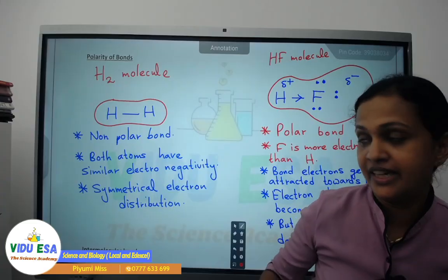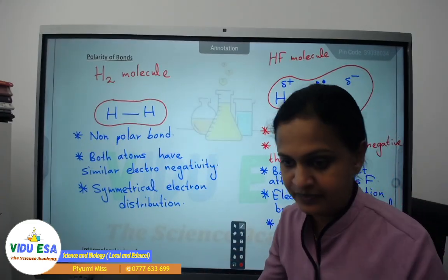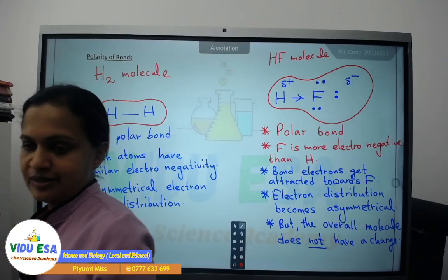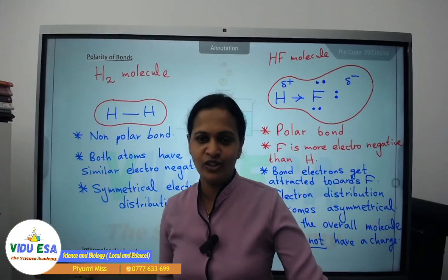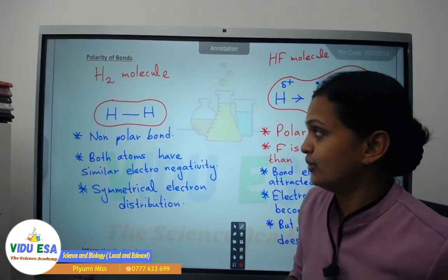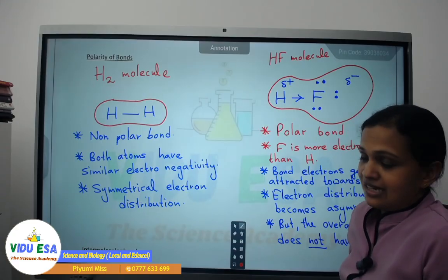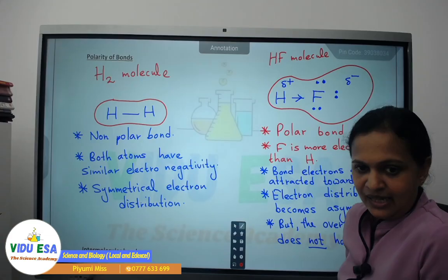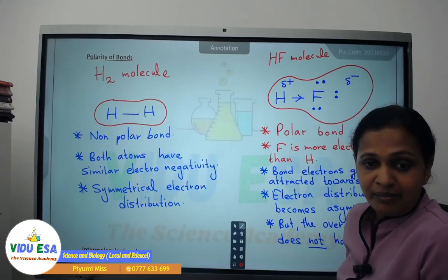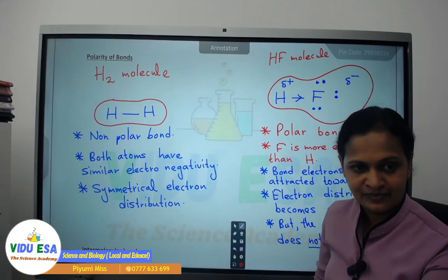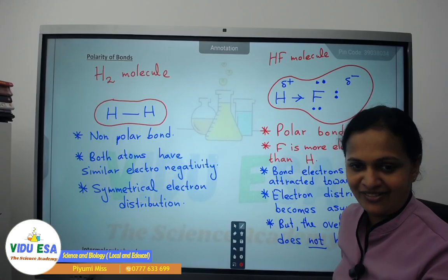And here I have taken 2 examples, the H2 molecule and the HF molecule, right? In the case of H2, the two atoms of the elements that have taken part are similar. Therefore, they have the same electronegativity.